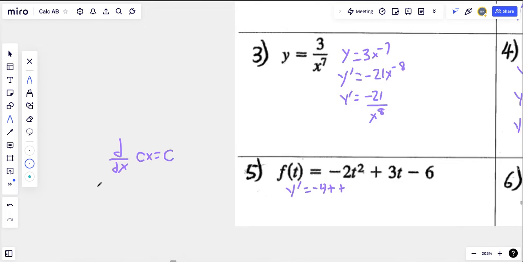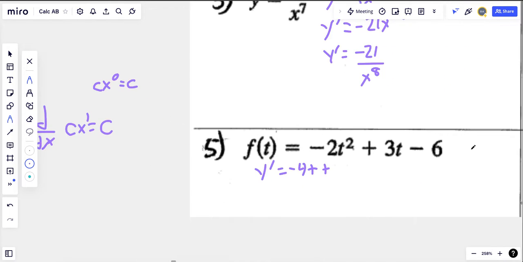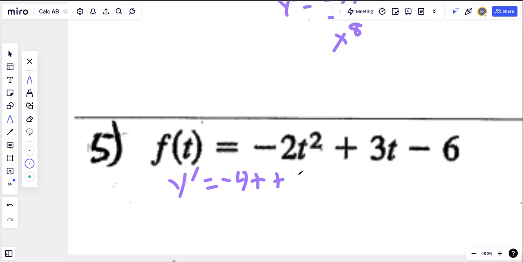Now you can use power rule to show this, because you can think of this as having a 1 here. So the 1 is multiplied to the c, the 1 is reduced by 1, so it becomes cx to the 0, which is just equal to c. So that's why this works. So here we just know that this is equal to 3 because of that.